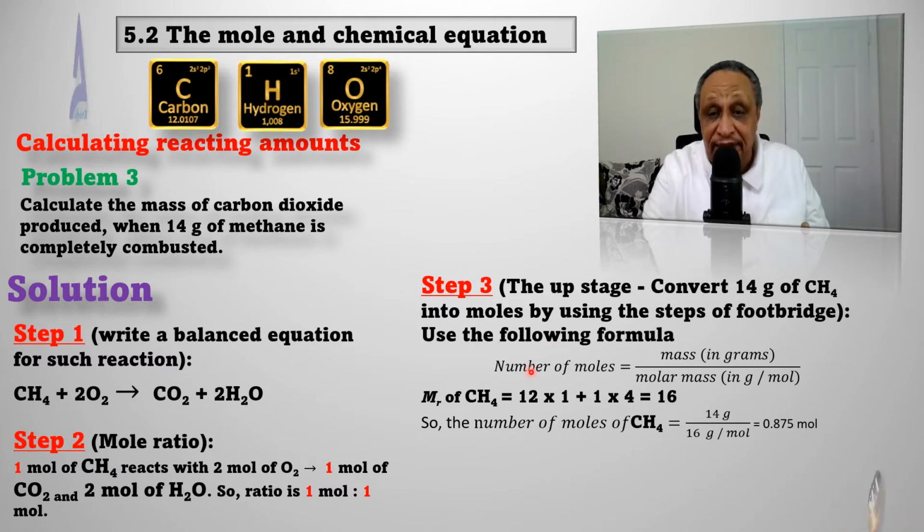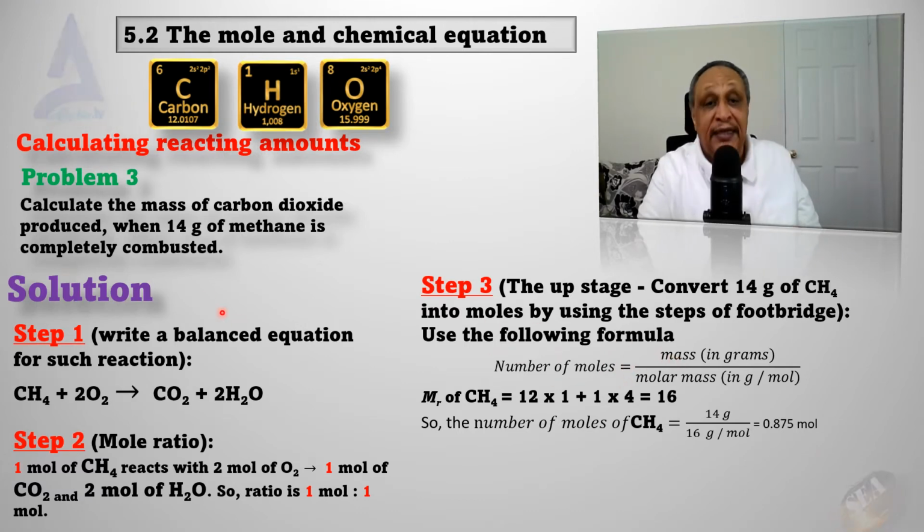The mass of carbon is 12 multiplied by 1 because there is only one, and then 4 multiplied by 1, because 1 is the relative atomic mass, multiplied by 4, which is the number of atoms, and when you add them together it is going to be 16.